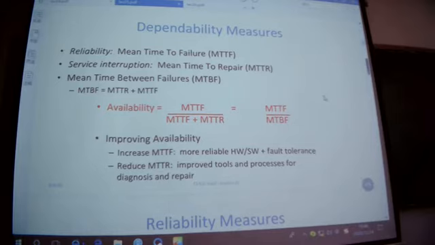More reliable components and fault tolerance can increase MTTF. Improving tools and processes for diagnosis and repair can reduce MTTR. So we find MTTR is in this position and MTTF is in this position. If we increase MTTF or reduce MTTR, the availability increases.